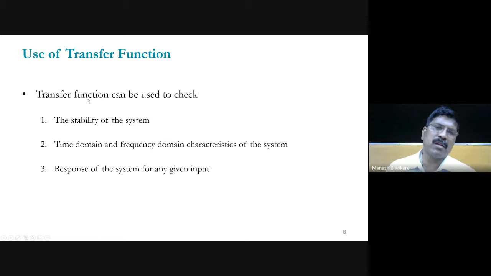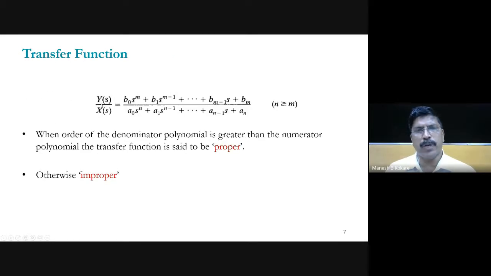The third use of this transfer function is that we can determine the response of the system for a given input. If we know the transfer function, so this is known, and then the value of x of s, that is the input, is unknown, still we can determine the output. Y of s will be, if you take this x of s to the right side, it gets multiplied with this transfer function.